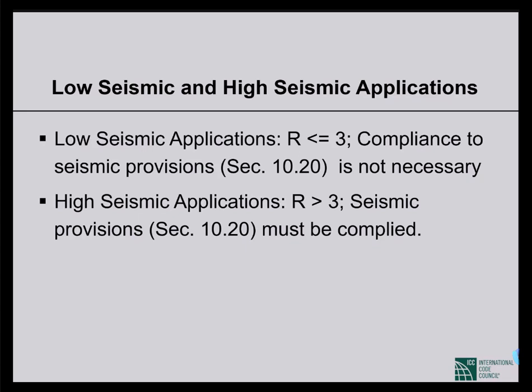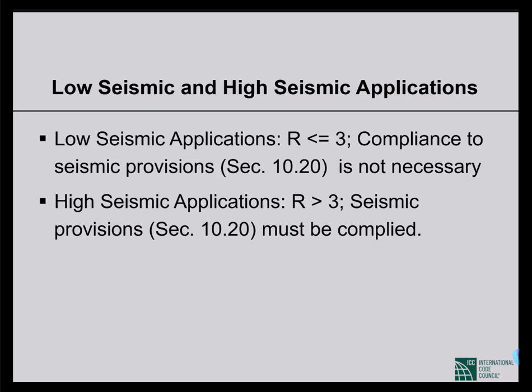If we use the R value more than 3, which is being called high seismic application, only in that case we have to comply with the provisions of section 1020, seismic provisions. Otherwise, we don't need to.